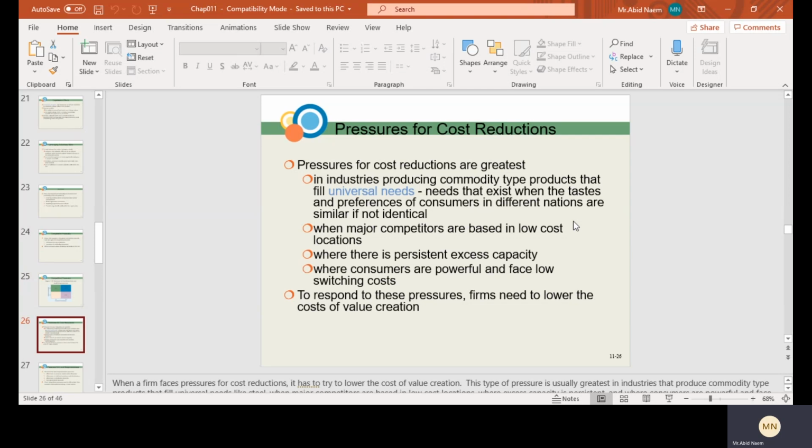That exists when the tastes and preferences of consumers in different nations are similar, if not identical. When major competitors are based in low-cost locations, where there is persistent excess capacity, or when consumers are powerful and face low switching cost, you need to respond to these pressures by lowering the cost of value creation, that is again the manufacturing cost of your products and services for final consumers. You have to reduce those costs due to these reasons.